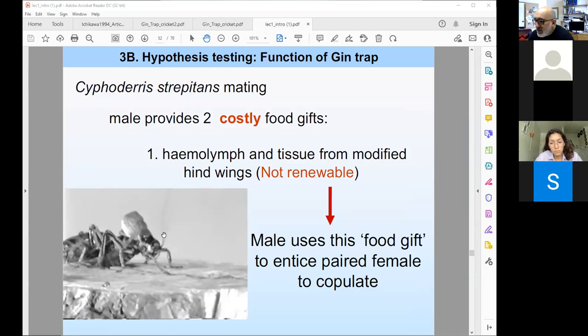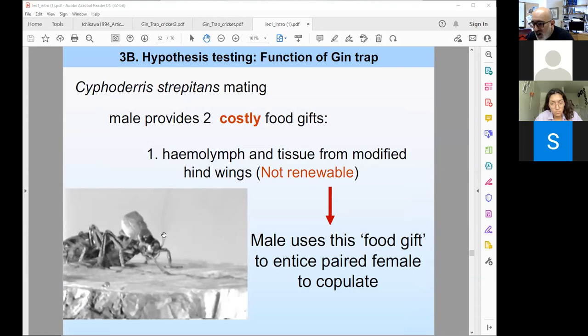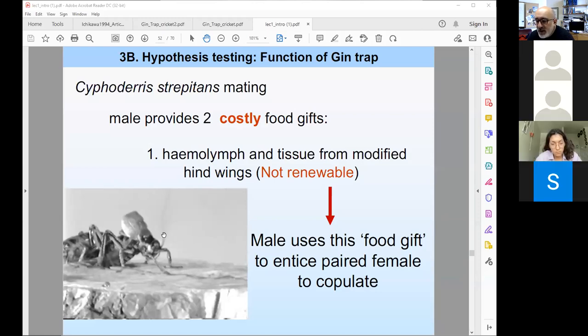The male has these modified wings that the female can feed upon during mating. So while the female is on top of the male, she can feed on these hind wings, and the tissue and the hemolymph, which is like the equivalent of blood in insects.